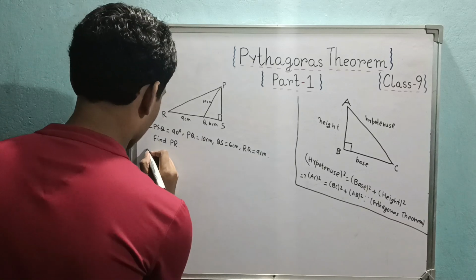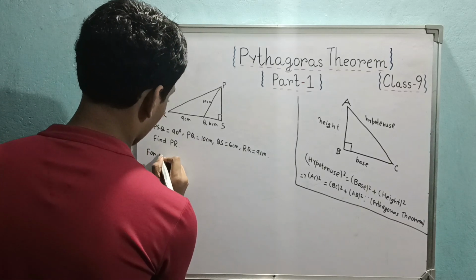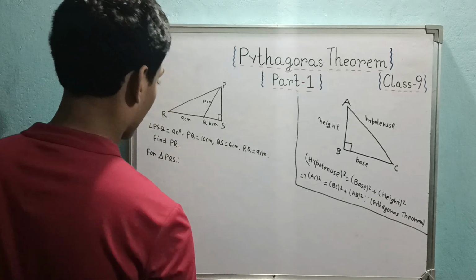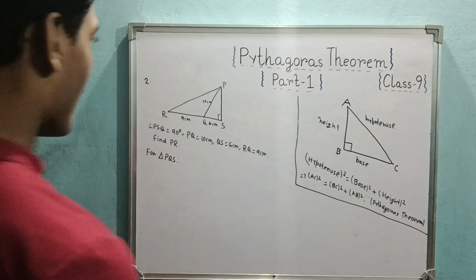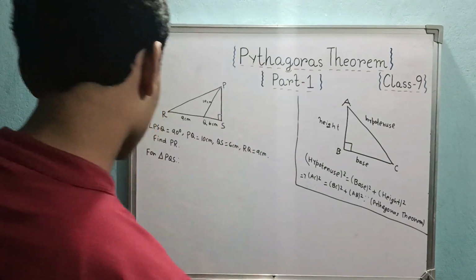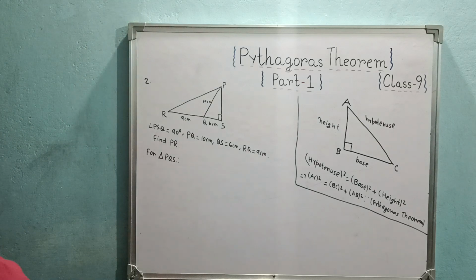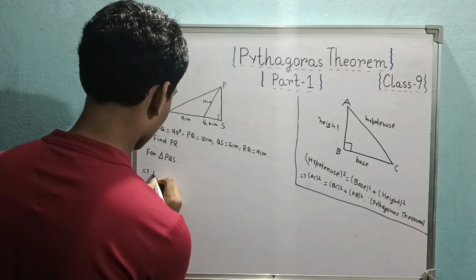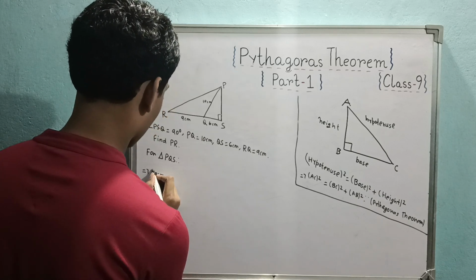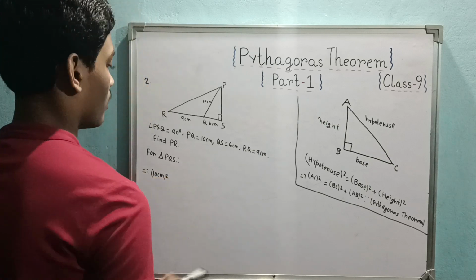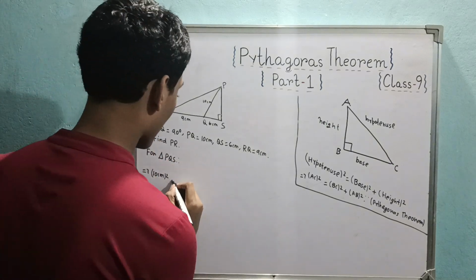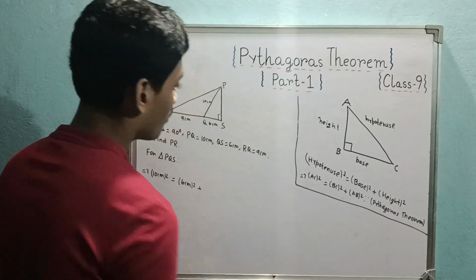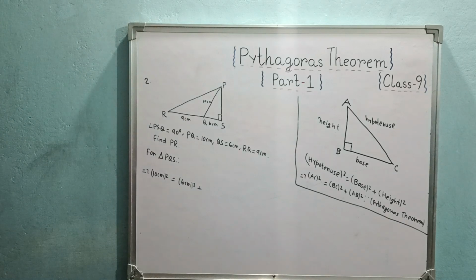So let us see first this PQS. For triangle PQS, see this. Here what do we have? This PS is the height, QS is the base, PQ is the hypotenuse. Equation: hypotenuse square or PQ square equal to base square or QS square, or 6 centimeter square, plus height square or PS square, which is missing.